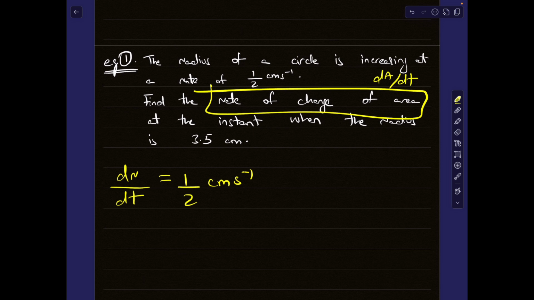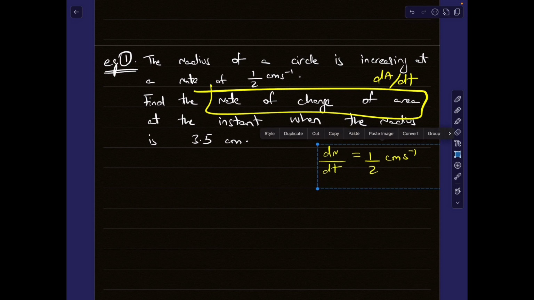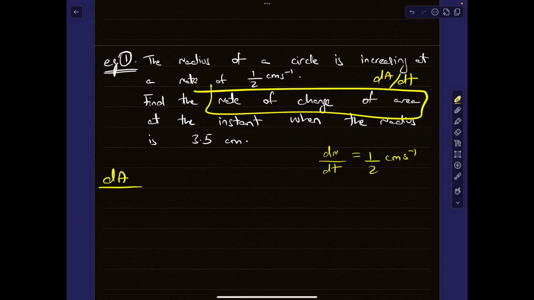So first of all, form the chain rule. We have the rate of change of radius. We need to find the rate of change of area. So this is what we need to find. First of all, write this down as dA over something into something over dt.